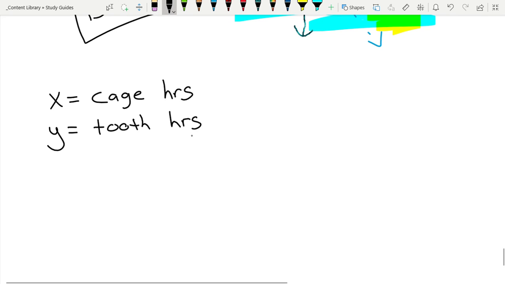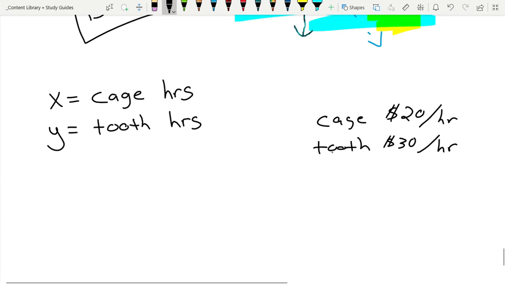So now we look at what it says. It says that when she's working at the cage fighting, she makes $20 an hour. So the cage pays $20 an hour. And the toothpaste tester pays $30 an hour. So if I want to figure out how much money I'm going to make for a given week, I multiply my cage hours by $20.